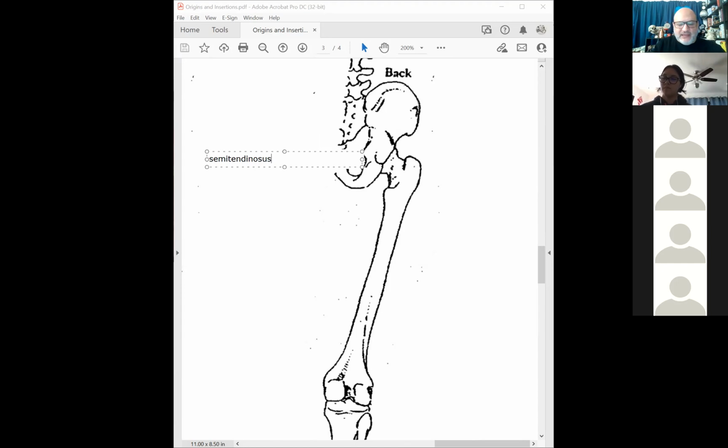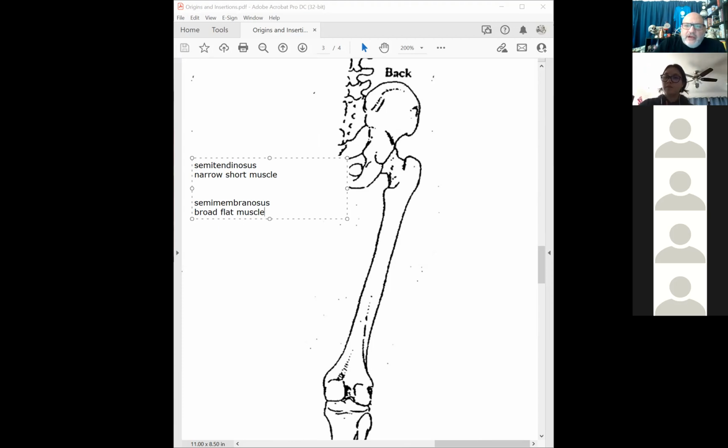So it's basically a narrow, short muscle. Whereas the semimembranosus is half membrane. It is a broader, flat muscle. Kind of looks half like a membrane.